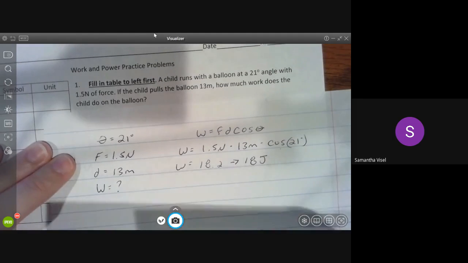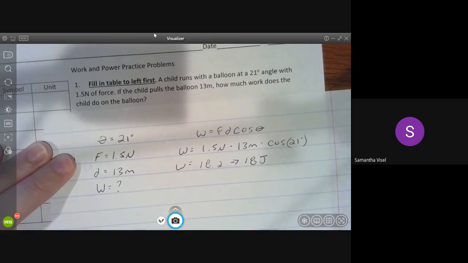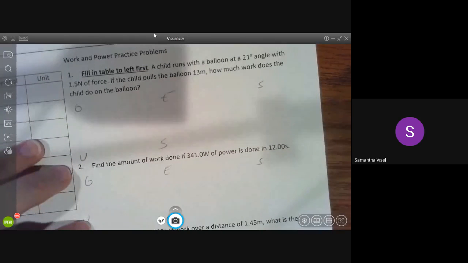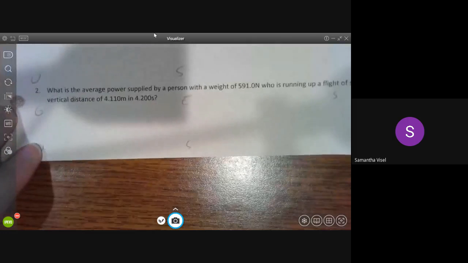Let's now look at one, since power is the rate at which work is done. We do have a couple of what we like to call 2-part problems that like to pop up here and there in this unit. So let's do one of those, since those are a little more complicated.